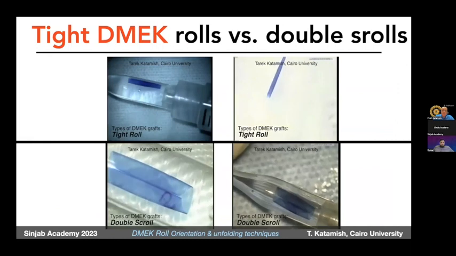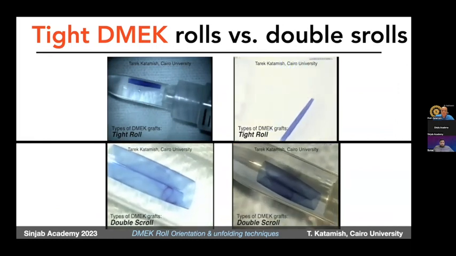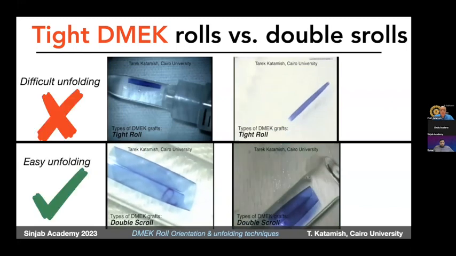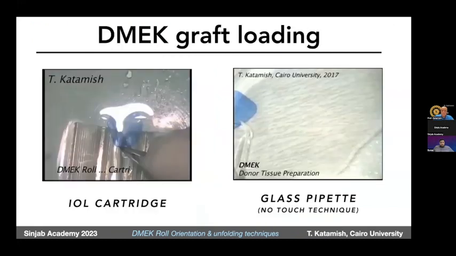The same principle applies if you compare the tight roll with the double scroll: with the tight scroll you will have some difficulty in unfolding, but with the double scroll you will have easy unfolding. So after you have prepared your DMEK graft, you want to transfer it to the patient's eye.